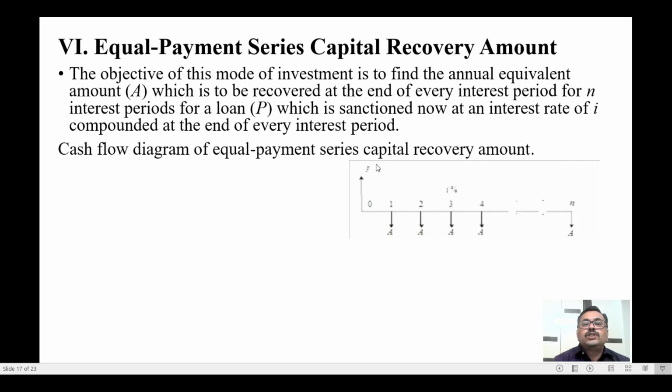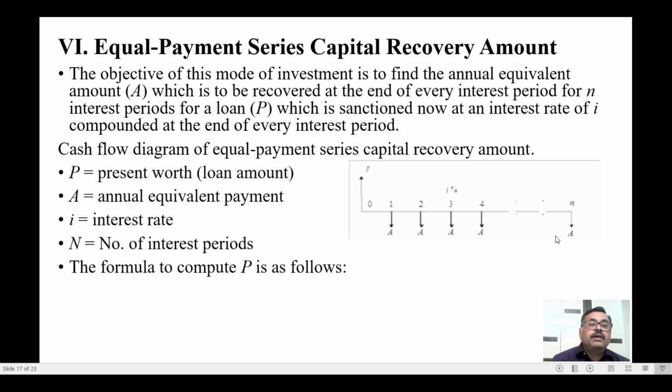Presently this value P is known to us, as he is going to sanction this particular amount, and we have to repay this annual amount with a known interest rate and a known time period. Okay, A we have to calculate here. P is given, I is given and N is given, and we have to calculate A here. P is the present worth, A is the annual equivalent amount, I is the interest rate, N is the number of interest periods.